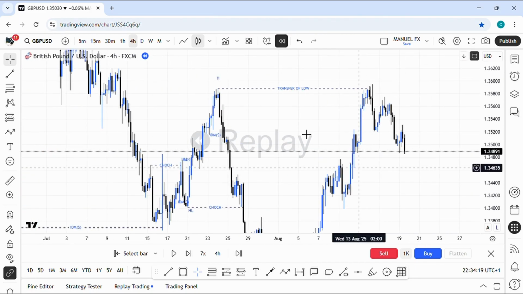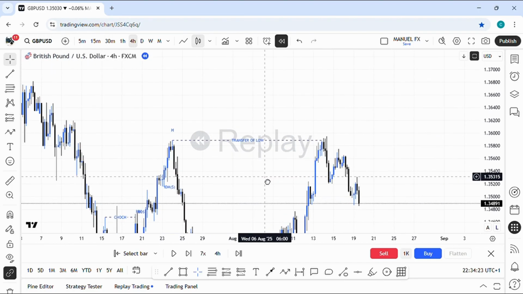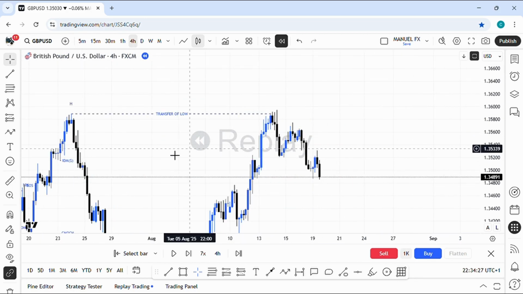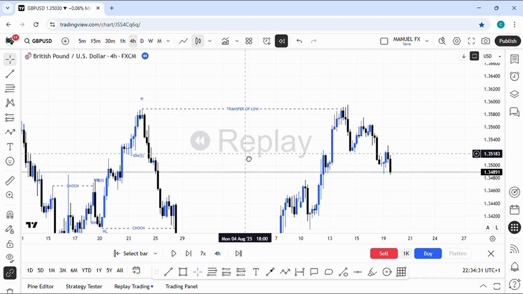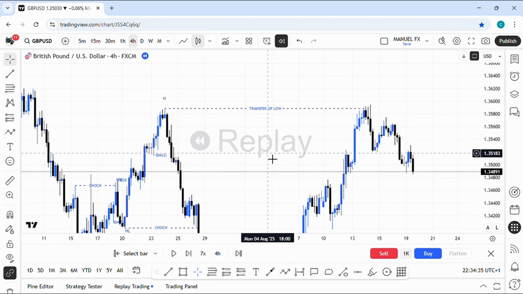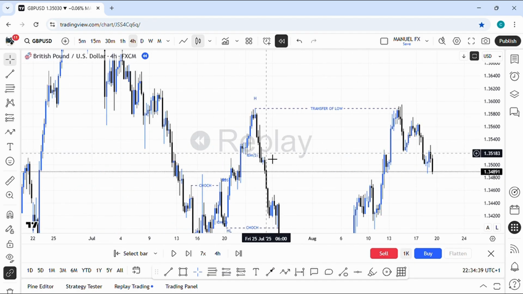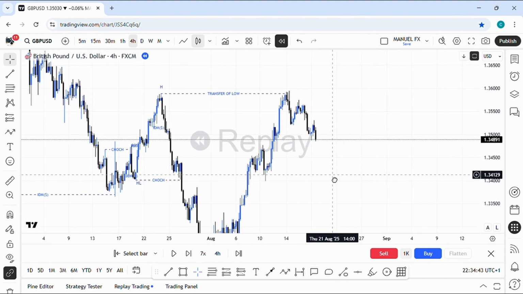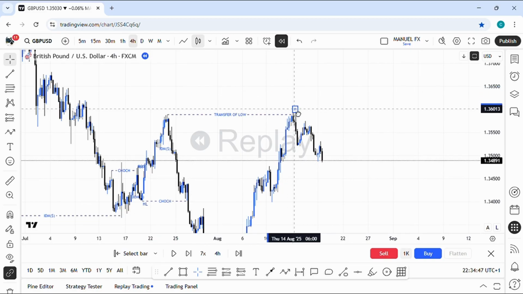Price wicked it. You see, price wicked it. Is it a transfer of low? Yes, it is a transfer of low. So this becomes a transfer of low, because of the transfer of this high over to this high.